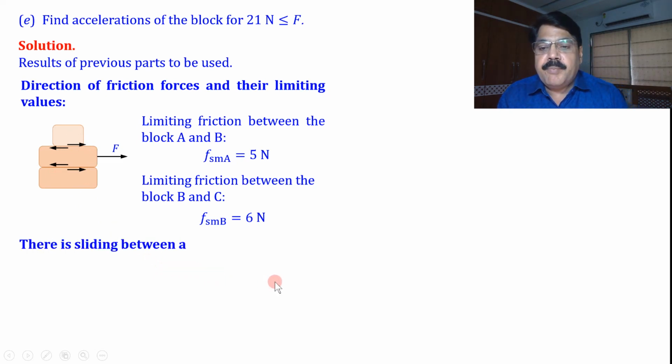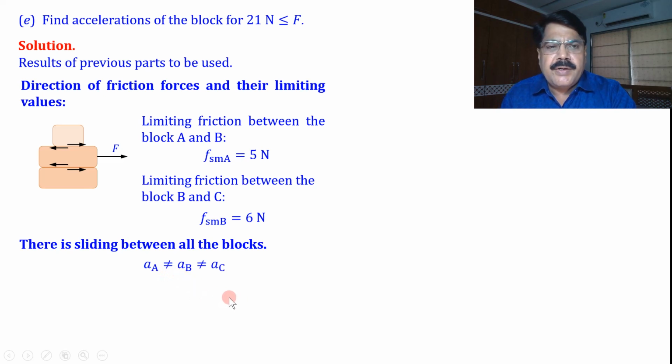There is sliding between all the blocks, because this is the result we have taken from the previous parts. So a_A is not equal to a_B is not equal to a_C. So we treat all the blocks individually and apply Newton's law on them.